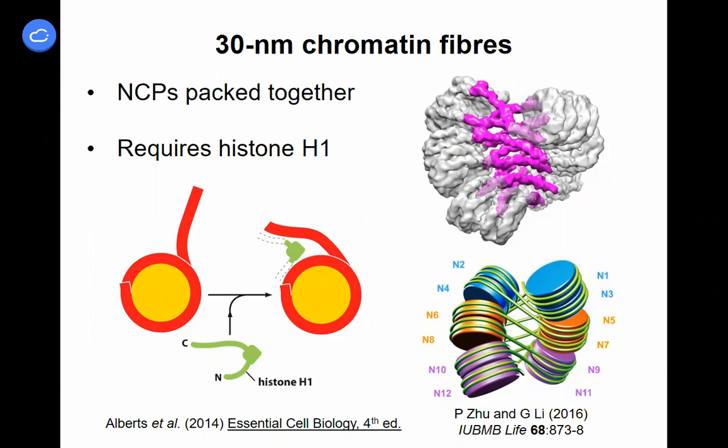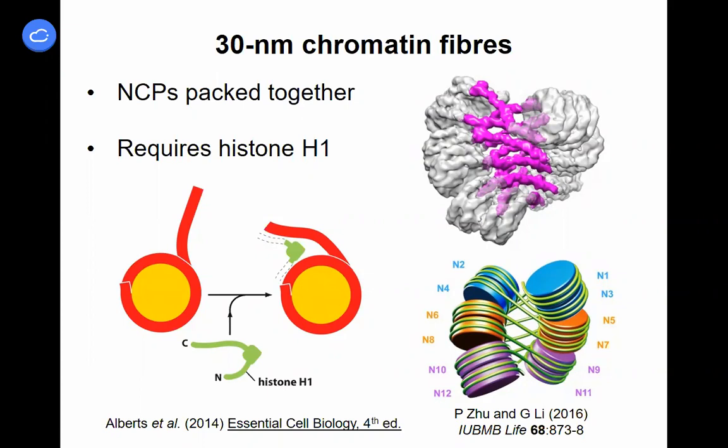So it goes back and forth, and these nucleosome core particles are stacked on each other, and it almost looks like a double helix itself, except this is a left-handed double helix, and you can verify that yourself later or right now, that they're coiling around each other in a left-handed fashion. But this then would form your 30 nanometer chromatin fiber, so-called because the diameter of the thing is about 30 nanometers.